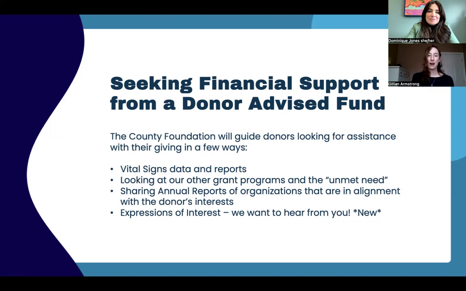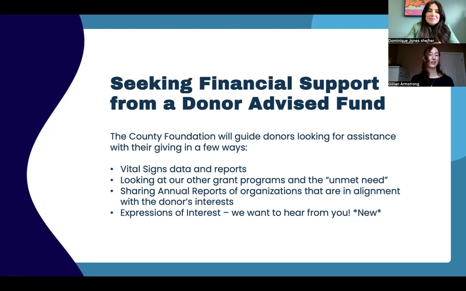With that in mind, we decided to create a new tool in our tool belt, which is an expression of interest form. We are looking to hear directly from organizations, and the purpose is that we want to bring together the needs of organizations and link that more directly with our funds and the donors that we work with.